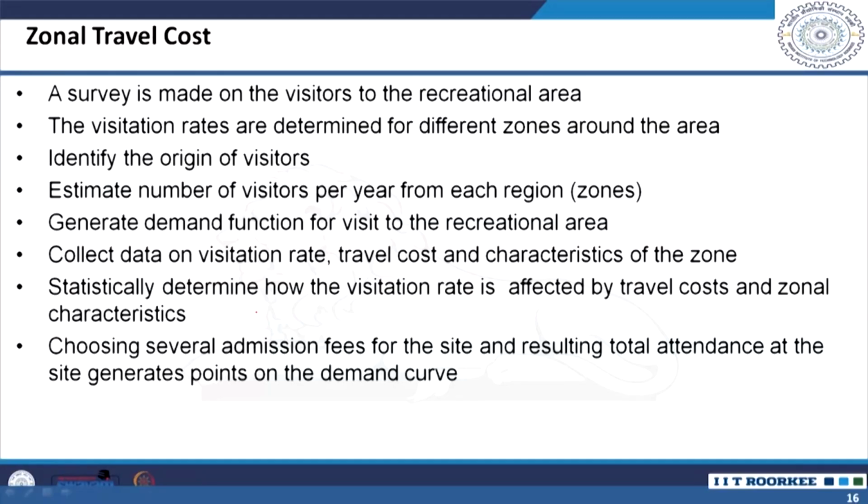So, now the visitation rates can be determined by taking into account different zones around that particular recreational area, and we can identify the origin of the visitors.